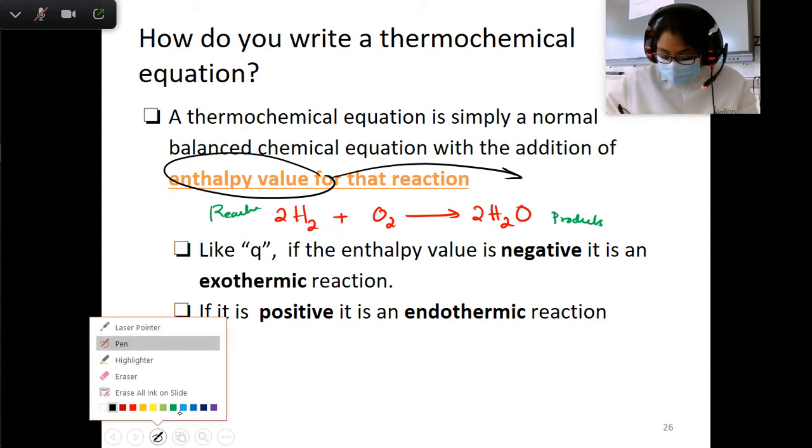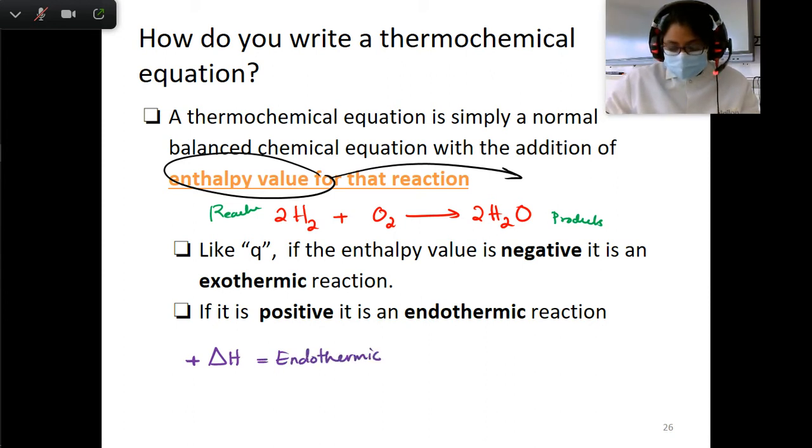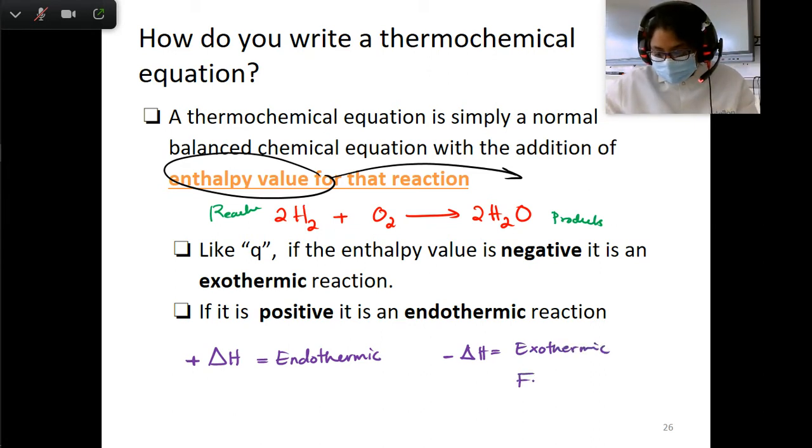Recall from the previous lecture that if your delta H, or the change in enthalpy, is positive, we are talking about an endothermic reaction, which absorbs thermal energy. If your delta H is negative, we are talking about an exothermic reaction that is releasing energy. A fire would be an example of an exothermic reaction.